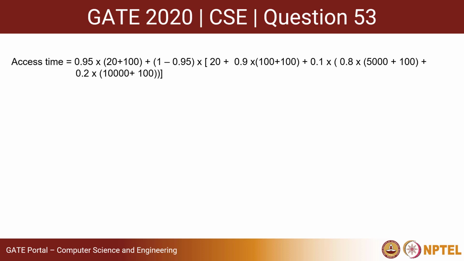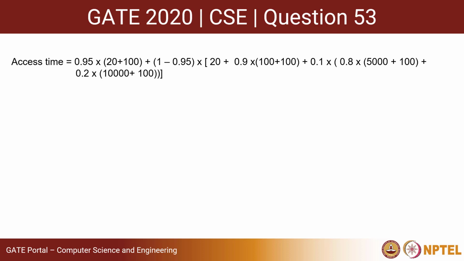Into 100 plus 100. The first 100 is to search the page number in the page table, plus 100 is the time required to search the page in the main memory, plus 0.1 if there is any page fault in the system. It was also given in the question that in 20% of the page faults, there are dirty bits present in the page, and the page needs to be written back into the secondary memory.